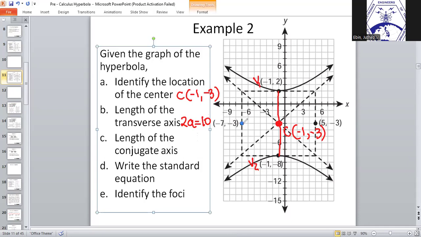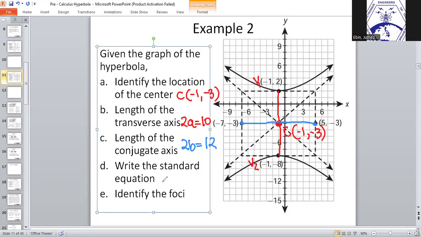Pag pinag-connect natin yung negative 7, negative 3, at saka yung 5, negative 3, ito yung ating conjugate axis. Pag binilang ngayon natin yan, that is 1, 2, 3, 4, 5, 6, 7, 8, 9, 10, 11, 12. So yung 2b natin is equals 12.